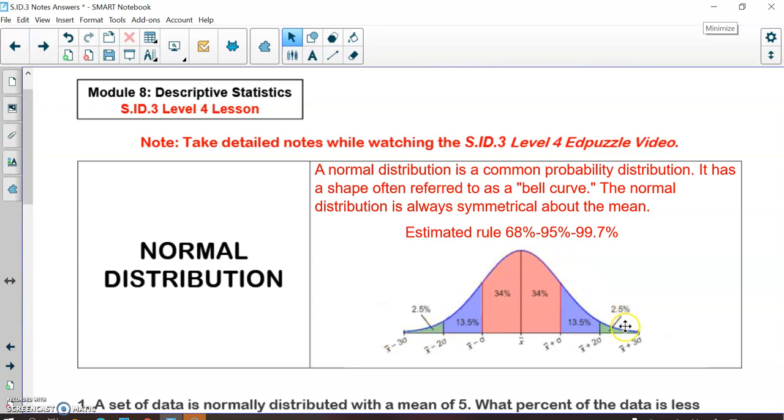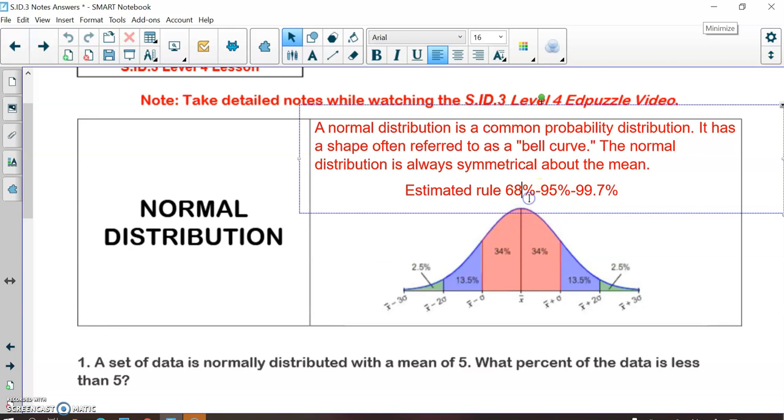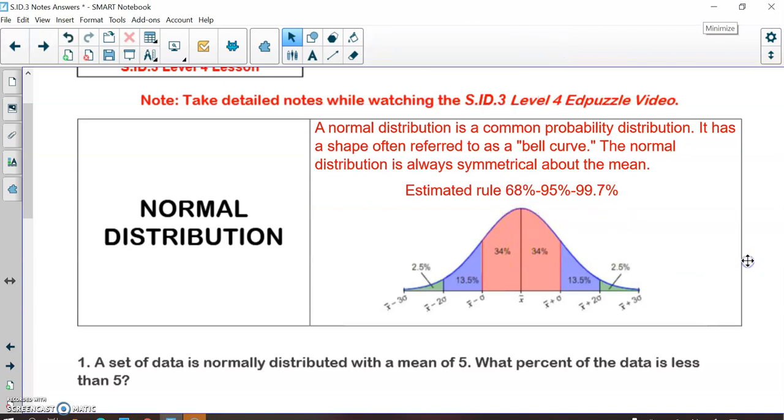Now, again, I'm going to refer to this as the bell curve model. In a normal distribution, the empirical rule is that about 68% of your data values fall within one standard deviation of the mean. Remember, your axis of symmetry is your mean here.